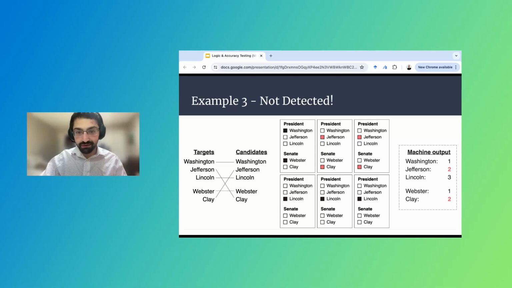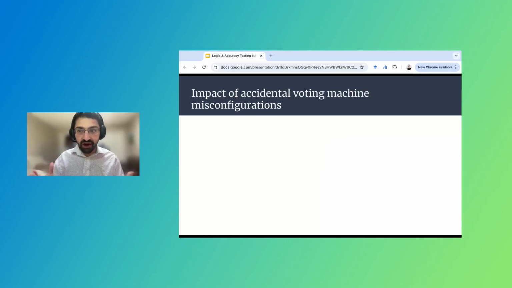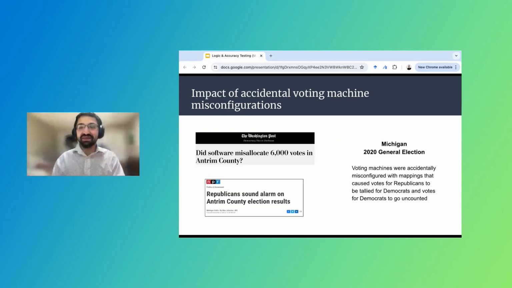Okay, fine. But are misconfigurations of machines, in particular those that swap votes between candidates across contests, a realistic threat? Is this something that we should be concerned about? To answer that, let's go through some examples. So first, let's rewind to Antrim County, Michigan in the 2020 general election.